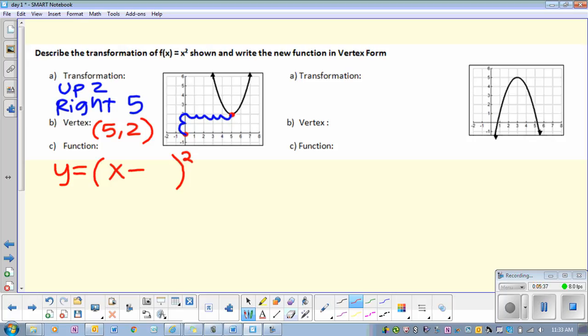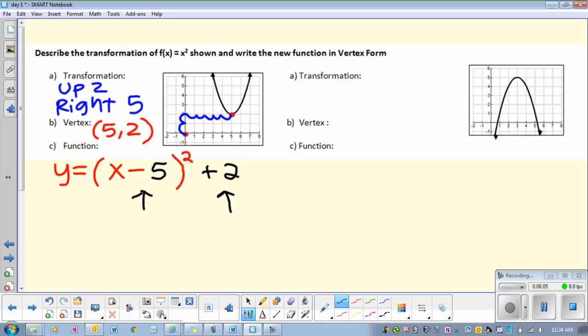Inside with the x tells me left or right. Since it went right 5, put in the 5. And then up 2 means it's this k, so you'll say plus 2. Good. Any questions about that?